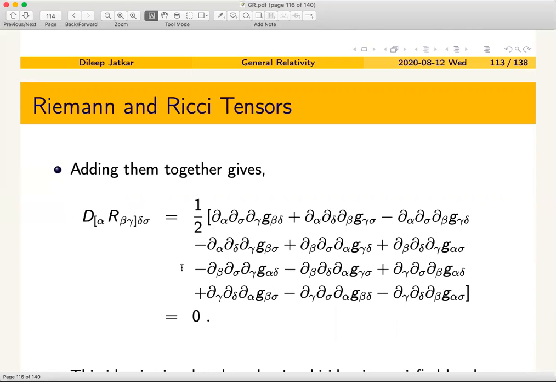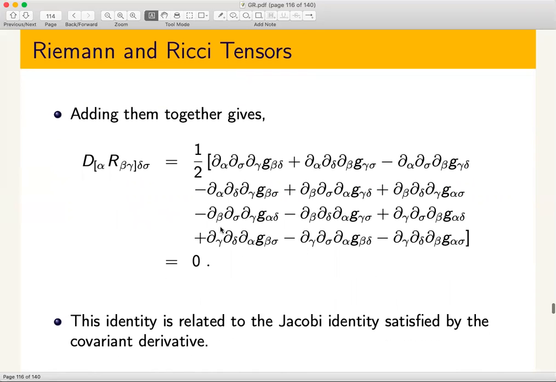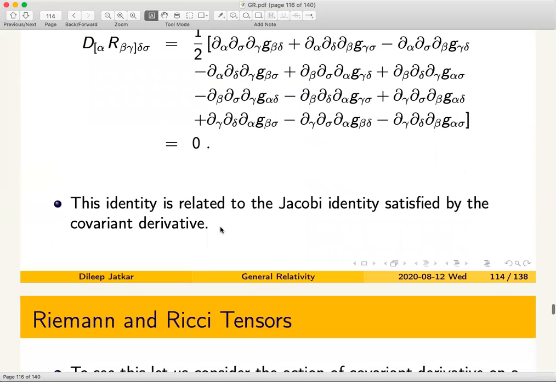And since it's a tensorial equation, if it is zero in one coordinate system, it is zero in all coordinate systems.